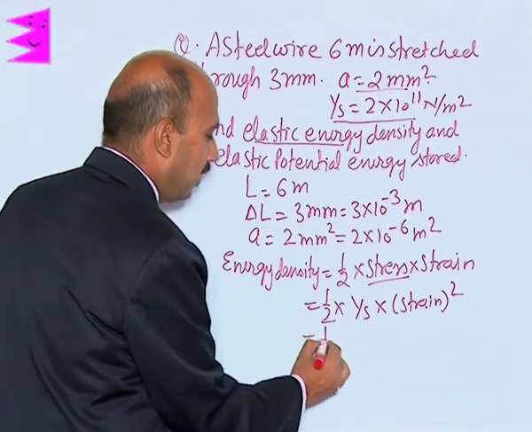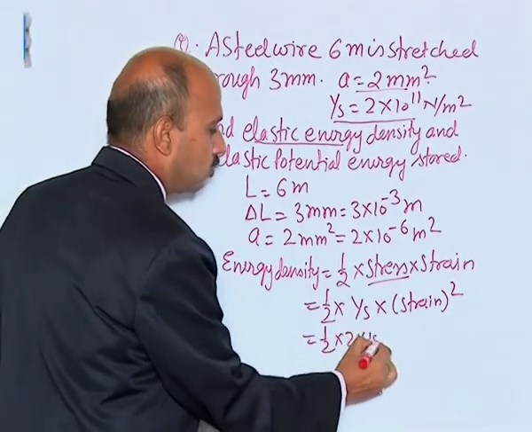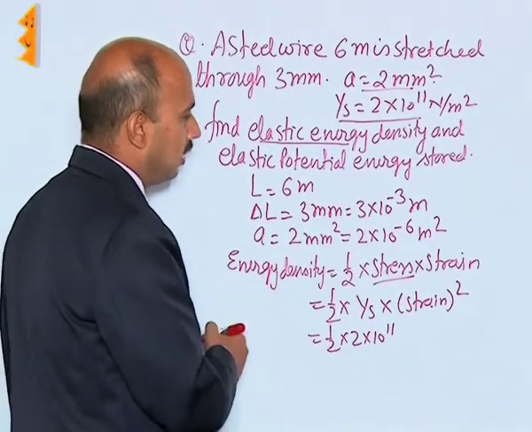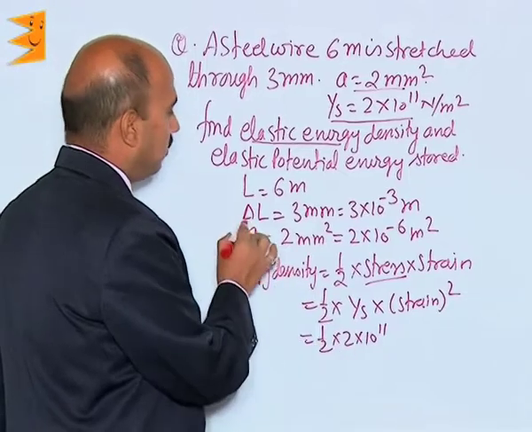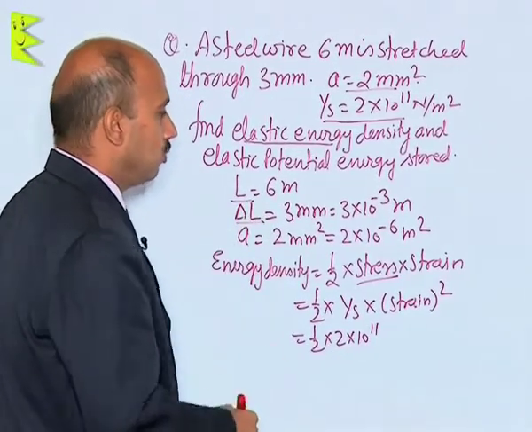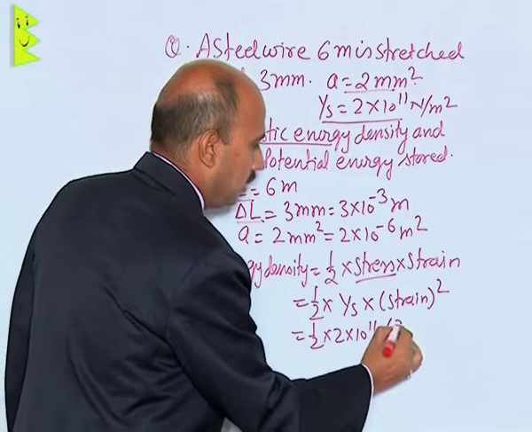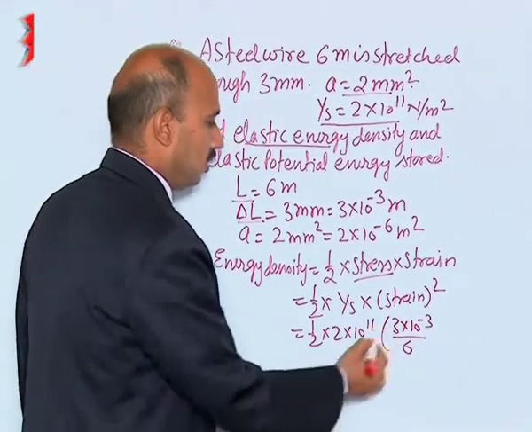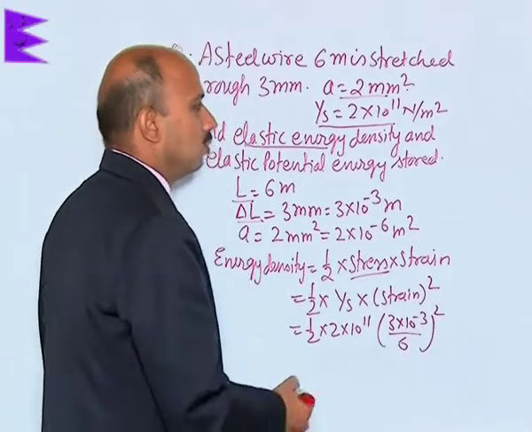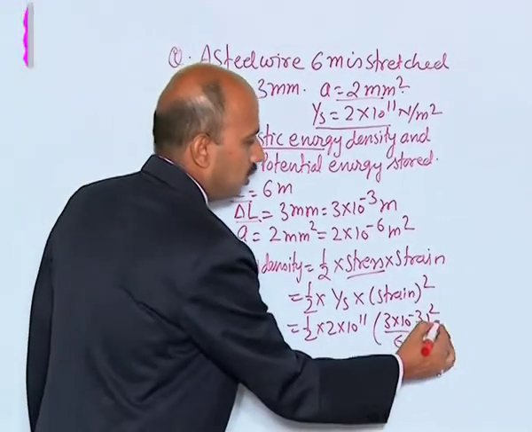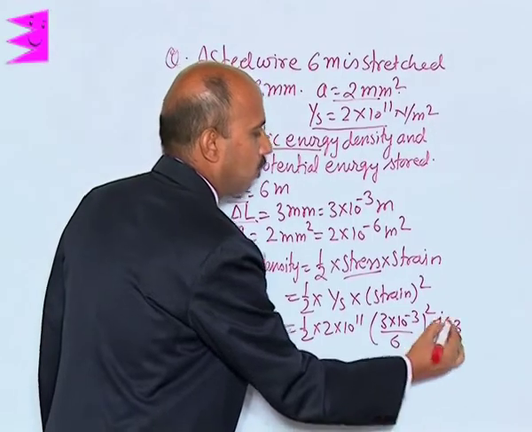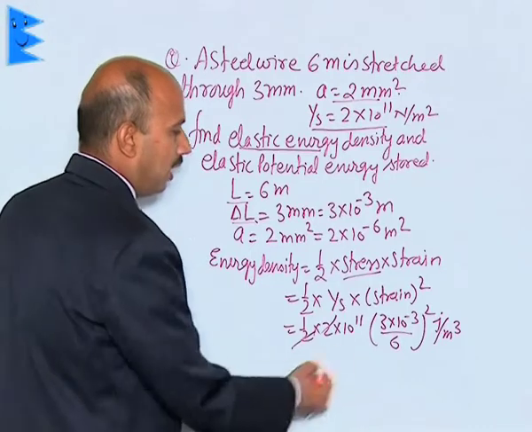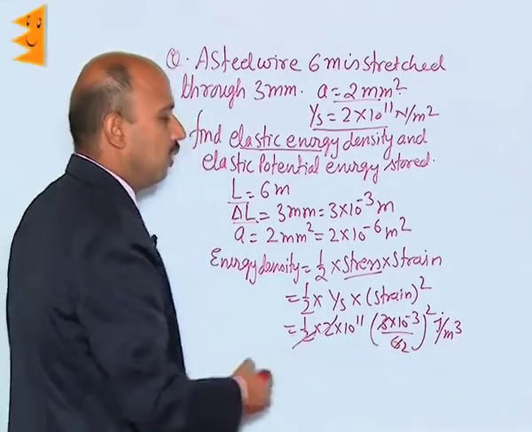Now we are given 2 into 10 raised to power 11, and strain is already given to us, that is delta L upon L. So, we have 3 into 10 raised to power minus 3 upon 6, whole square. So, that will be in joule per meter cube. When you solve it, this and this will get cancelled, and this 2 is here.